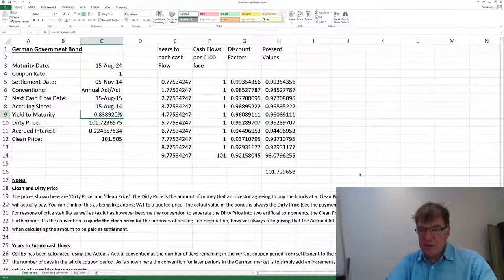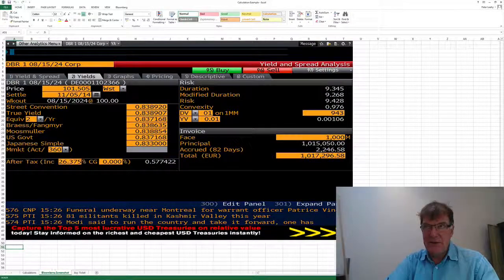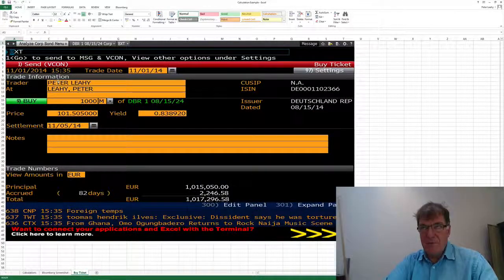What I've done in this spreadsheet, you can see I've set out the details of the bond we discussed. I've shown the price and yield. I've also shown a dummy purchase ticket where we are actually buying some bonds.